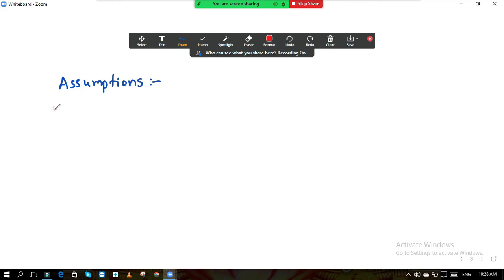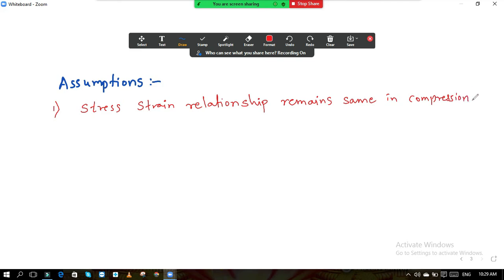So first is the stress strain relationship remains the same in compression as well as in tension.